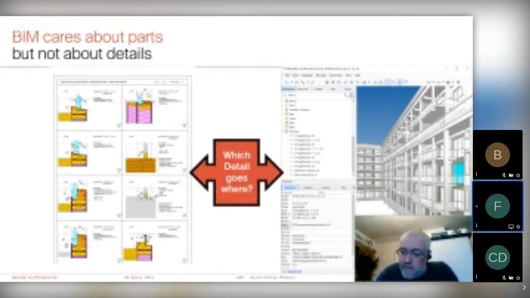The only thing that you see is the outcome, so which parts come out of it, but not what happens where. There's no way of having typed detailing and finding those details from the engineer's catalog on the left-hand side in the model on the right-hand side, simply by design or misdesign of building information modeling. There's no way of having typed details in the model.